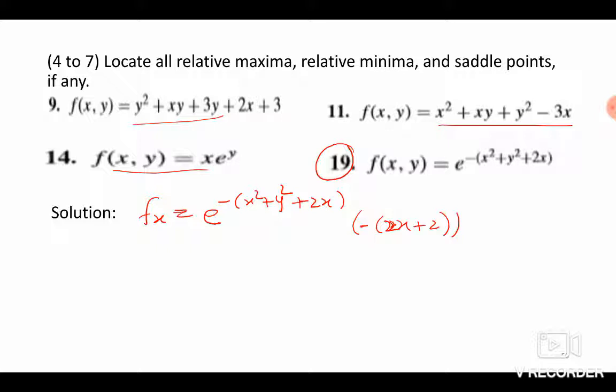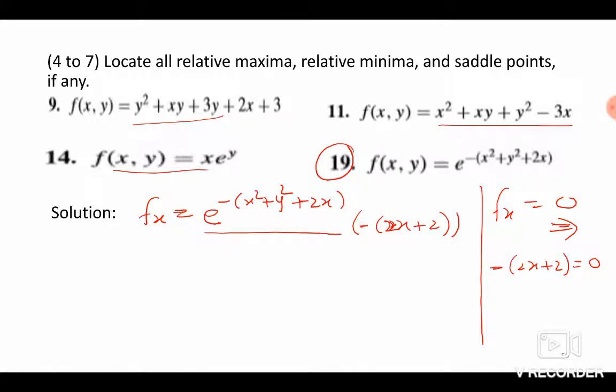See, fx is 0 gives only negative 2x plus 2 equal to 0. The exponential cannot be 0. We know e raised to minus infinity will be 0. That is, in the power of exponential e, you should have infinity. Then only this e will be 0.